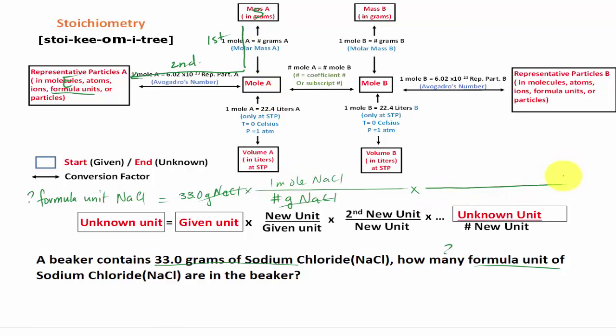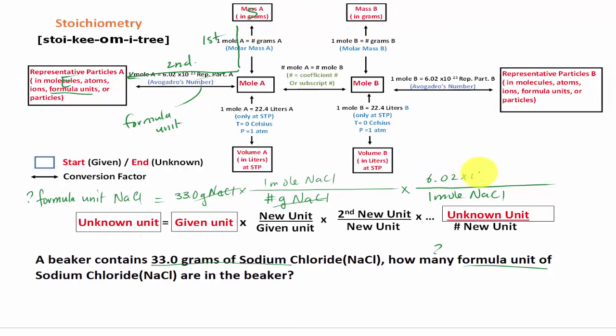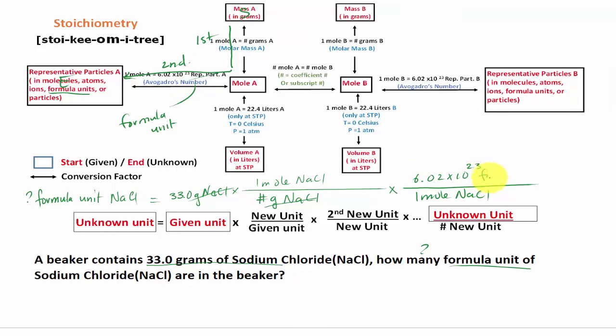Now we move on to the next conversion factor, which is, in this case, we no longer use the term representative particle, but it is formula unit. So formula units are like atoms. It's a specific type of representative particle. Here we have moles of NaCl. Of course, the mole part will be on the bottom, which is 1 mole of NaCl. What's going to be on the top? It's going to be the other part, which is 6.02 times 10 to the 23rd formula units of NaCl.